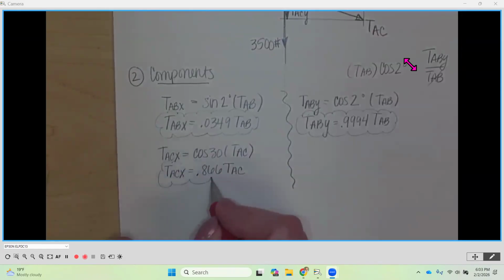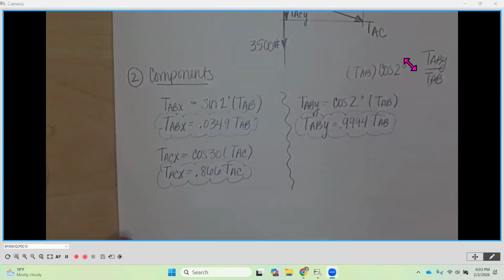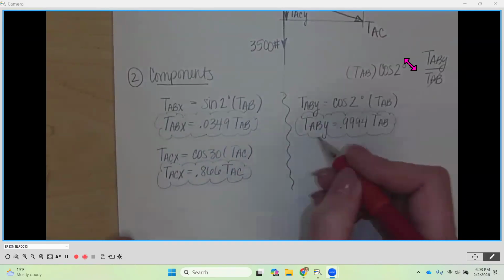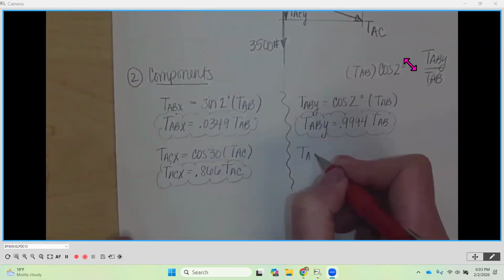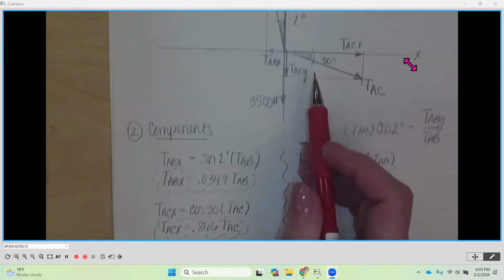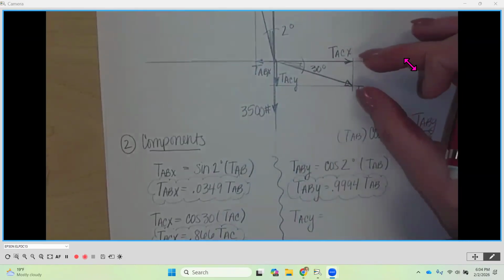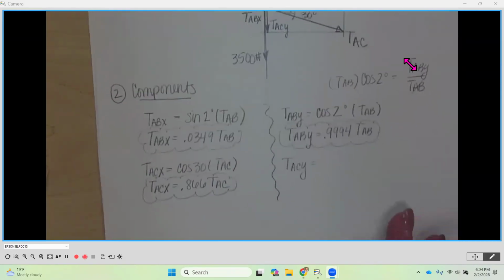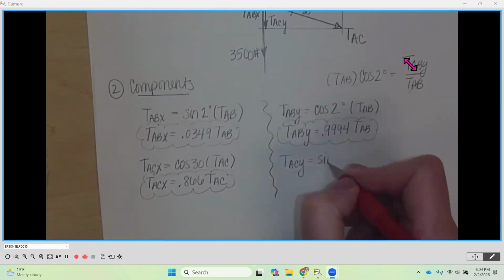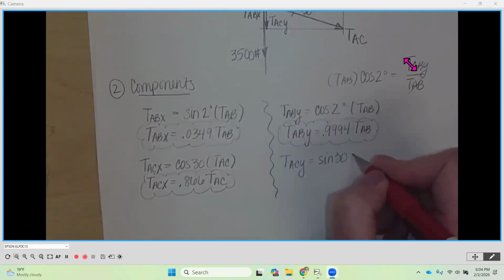Yep, so this one we're going to keep in that very same form. Okay, can't really get an actual number because we don't know the magnitude of TAC, but we'll be able to get that soon. And then we're going to do the TACY. Now up here, you'll notice that the Y would be the equivalent side opposite. So this will be the sine of 30 degrees, right?